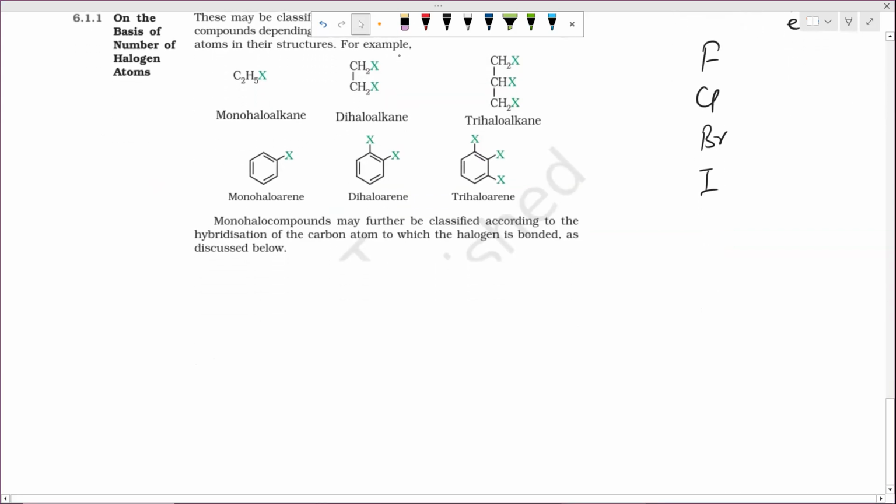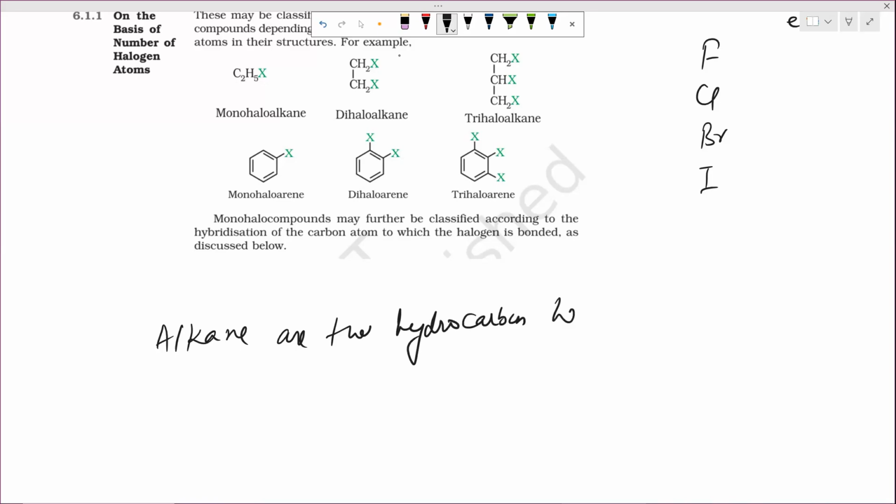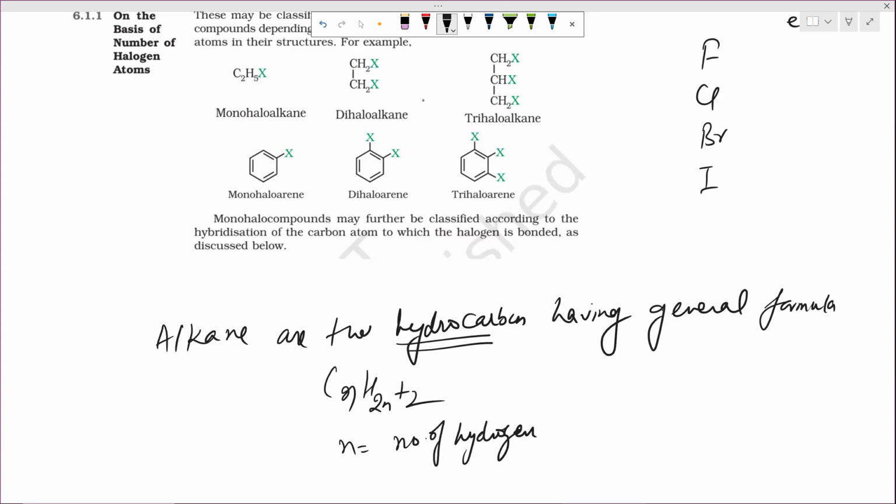So we'll say that alkanes are the hydrocarbons, having general formula CnH2n plus 2, where n is the number of carbon atoms. Hydrocarbon means that it is containing only hydrogen and carbon.